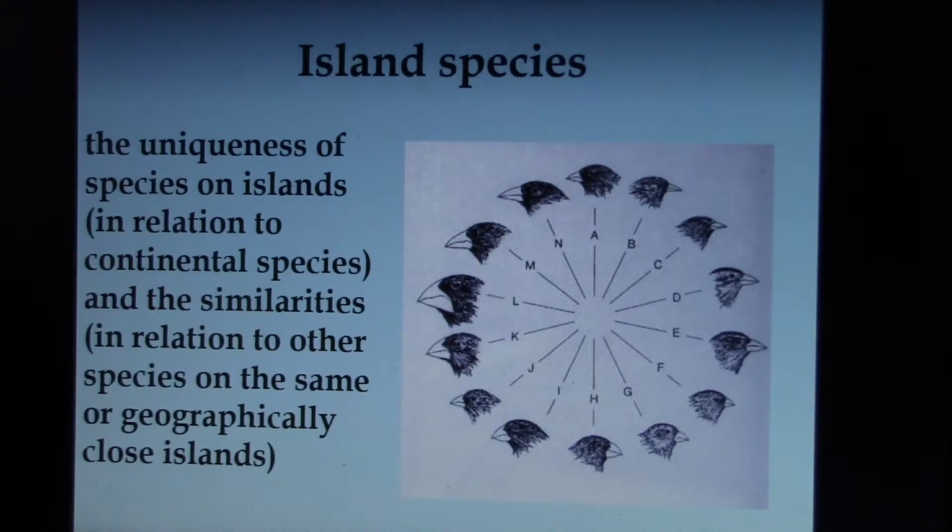Both Darwin and Wallace studied island species, and one of the things they noticed was that the island species were different than the species on the nearby mainlands, but they were more alike to the species on the nearby mainland than the ones that were further away on the mainland.